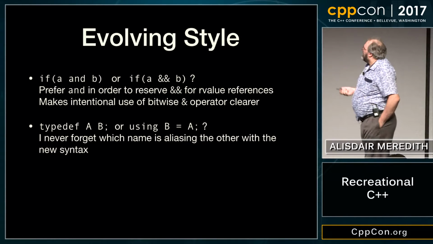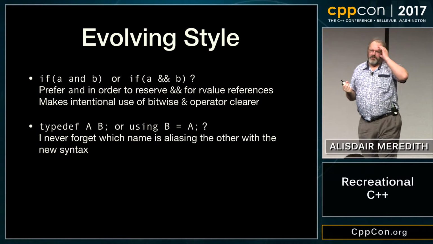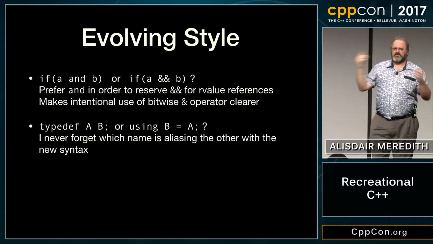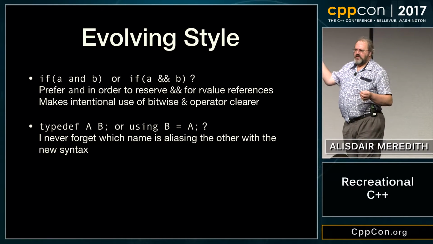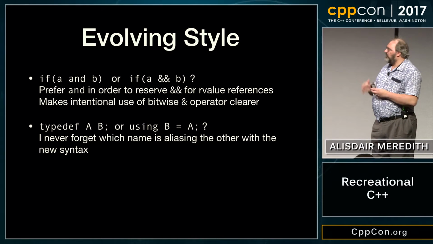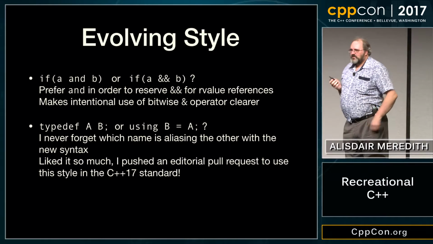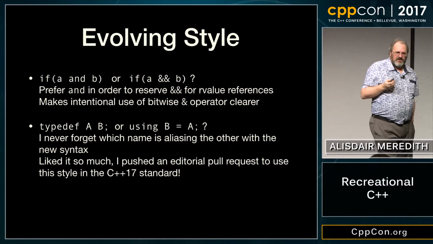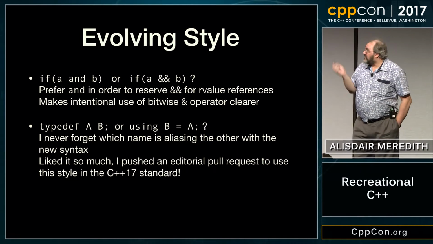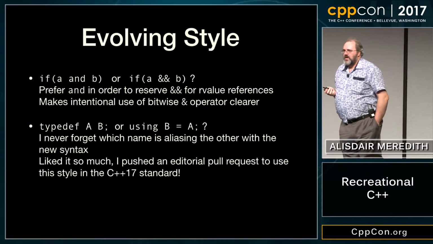As for the typedef, when I had typedef A B, I always have to stop and pause and go, which way around is this doing the aliasing? And the assignment operator in there, even though it's not an assignment operator, just a symbol, always makes it implicitly clear to me. I liked it so much, I actually went and pushed a change request. The ISO standard is actually available on GitHub if you want to make editorial change requests there.